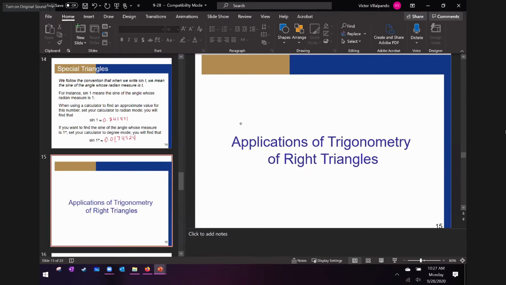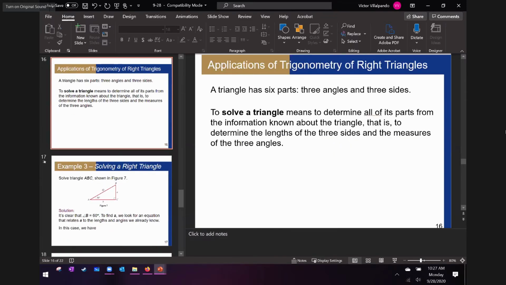All right. Applications of trigonometry of right triangles. I think we're leading up almost to our last example. I think we may have one or two for this section. A triangle has 6 parts: 3 sides and 3 angles, and 3 plus 3 is 6.